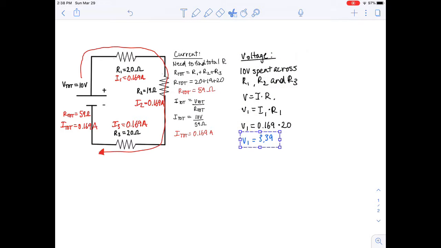And we can write that in volts, of course.